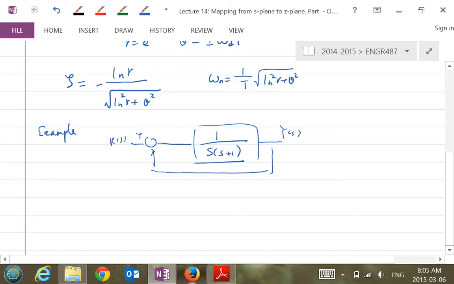For this particular system, we can derive the transfer function between the output y and the input very easily, which is this. For this system, zeta is 0.5 and omega n is 1. So it's a second order system; here's your zeta, here's your omega n.